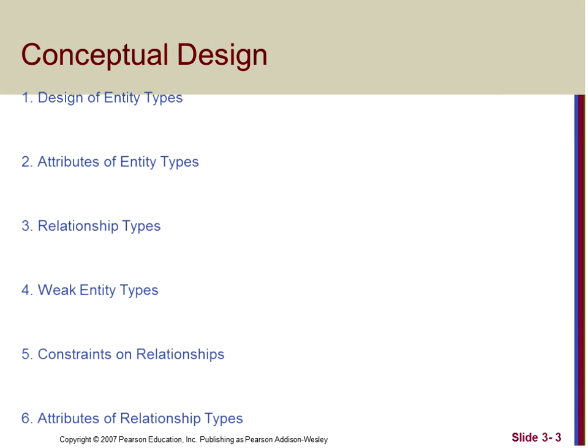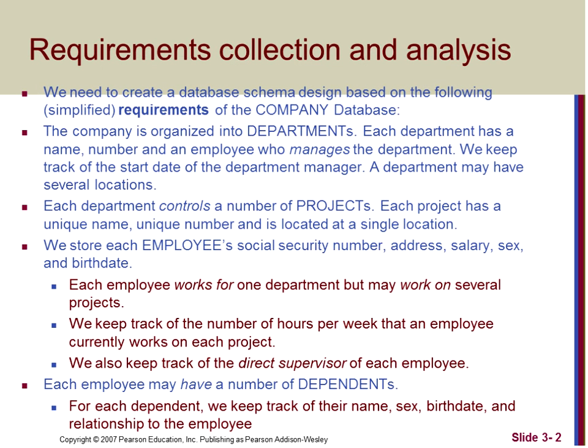So first step is we are going to find the entity type. So what is the entity type? Entity is an existing thing. For example, from the company database, in this example, we already identified several entities. That is the department, project, employee, and dependent. However, these are not actually the entities.